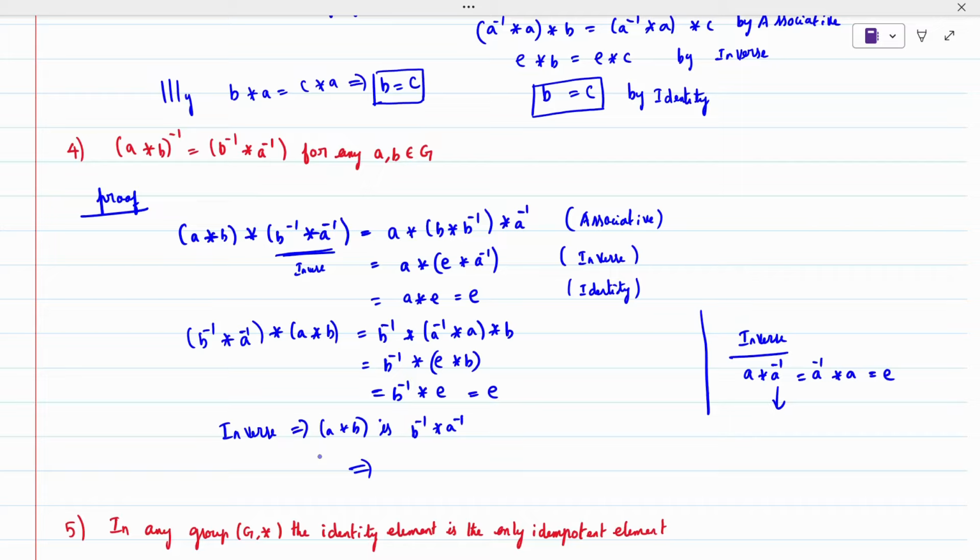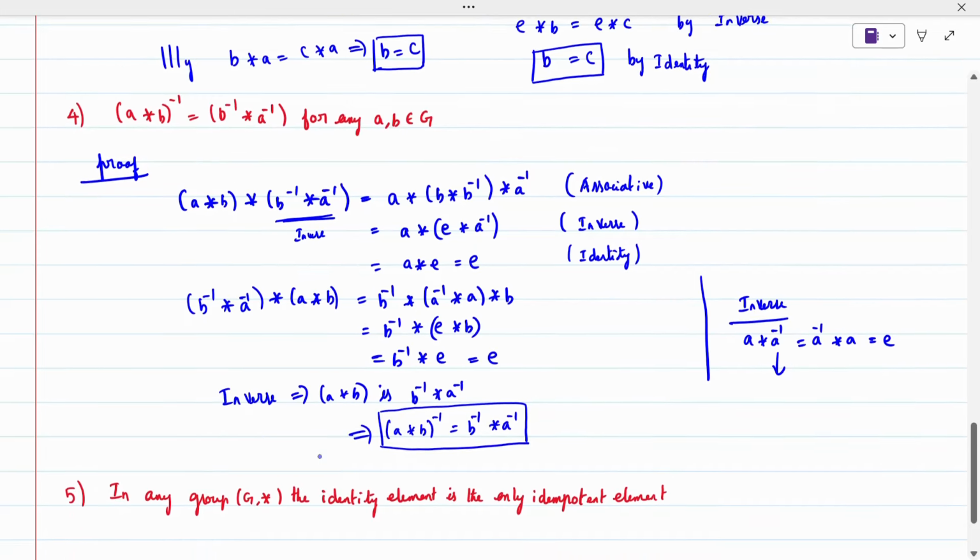So B inverse star A inverse is the inverse. So it is proved. A star B, the whole inverse, is nothing but B inverse star A inverse. Okay, this is the way we have to prove it. Link with your group definition. Everything we can prove with the group definition.